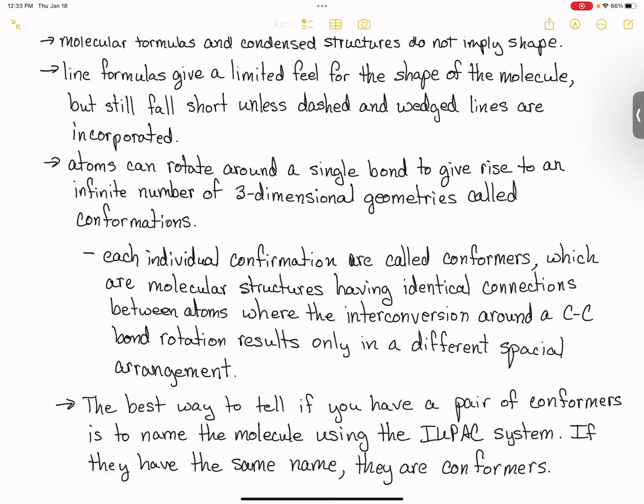If they have a different name, then they are not conformers. They're different molecules. And so IUPAC naming is going to be helpful in determining whether you have conformers or whether you have different molecules. And that is what the next section is all about.